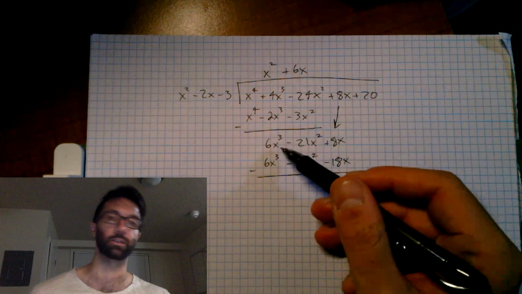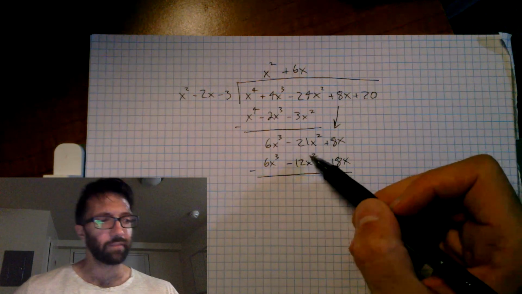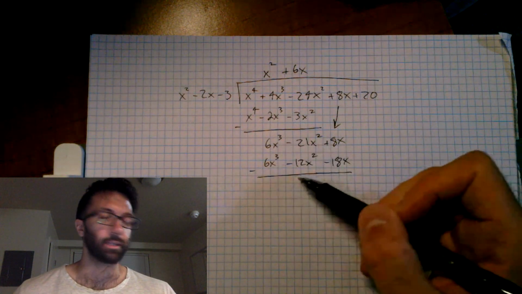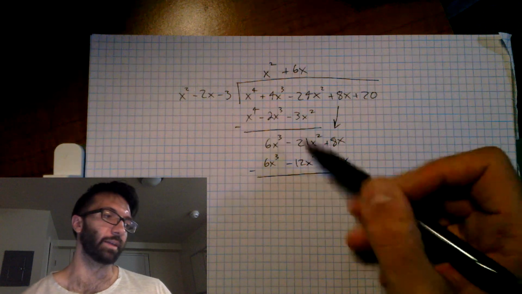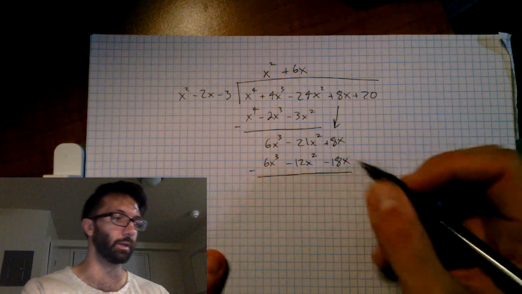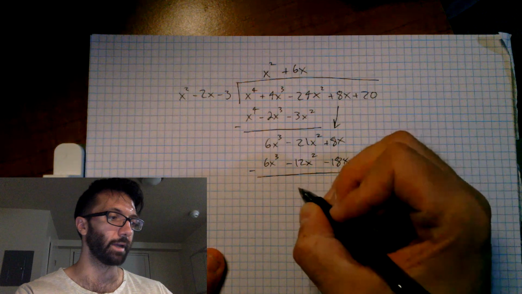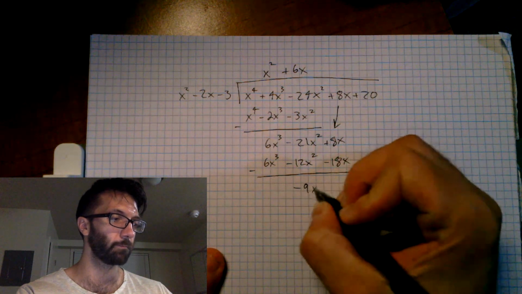So 6x to the third minus itself is 0. Negative 21x squared minus negative 12x squared, that's negative 21x squared plus 12x squared, so that's going to be a negative 9x squared.